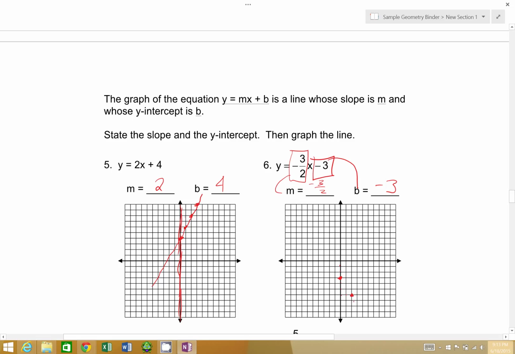And down 3 and over 2. So basically, I draw my line then through the points that I have created. Like so. All right?